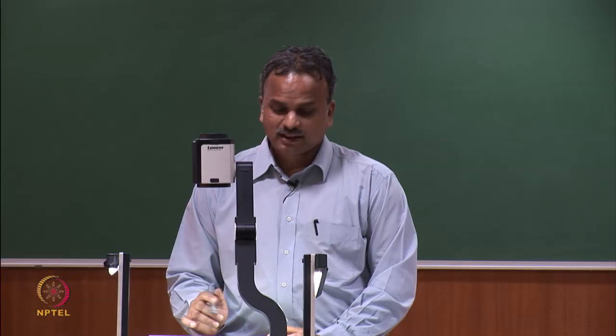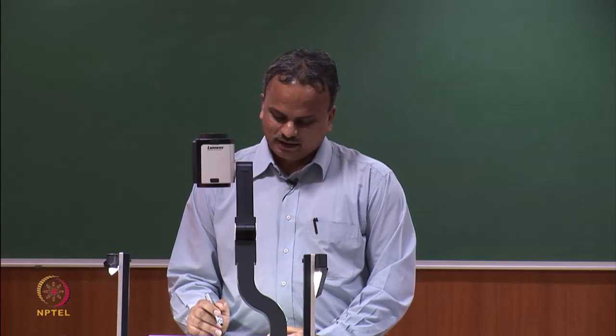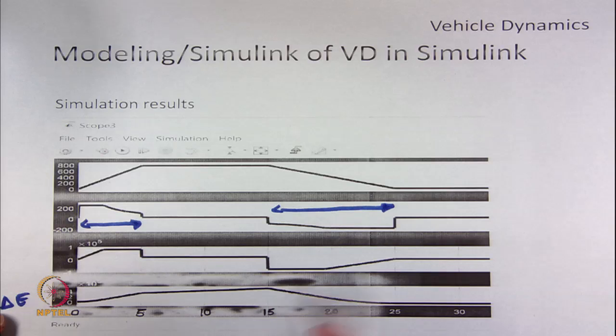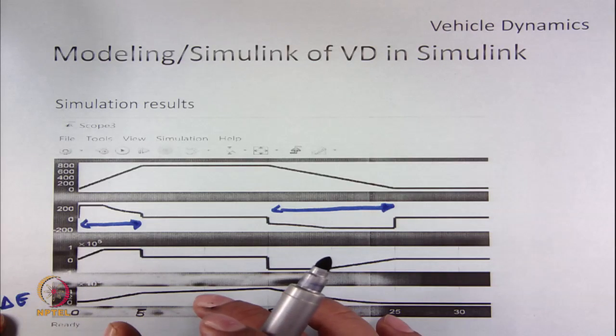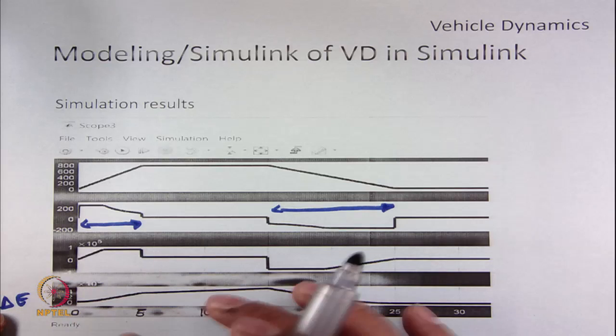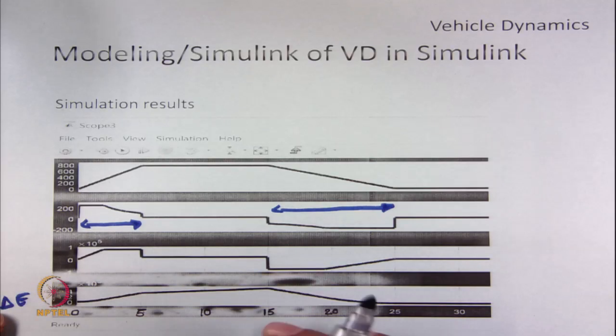These simulations are generally used by designers to choose the type of battery, the type of motor, the ratings of the motor, and all the subsystems within an electric vehicle.